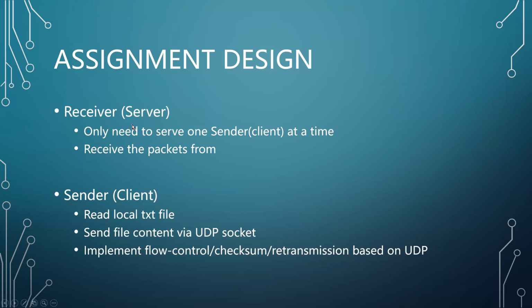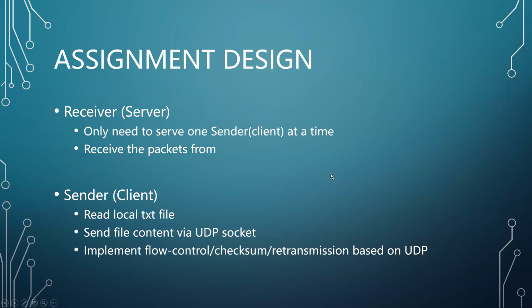On the receiver side, we only need to serve one sender at a time, which means we don't need to handle a lot of senders at a single time. So we don't need to save their IP address or their username, etc. So it will be pretty easy for the receiver side, unlike the HTTP server.